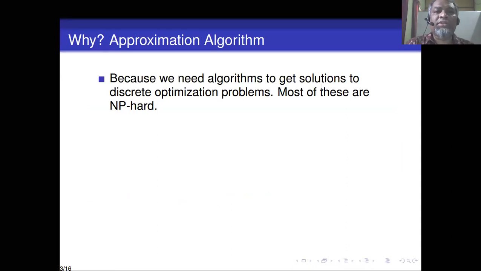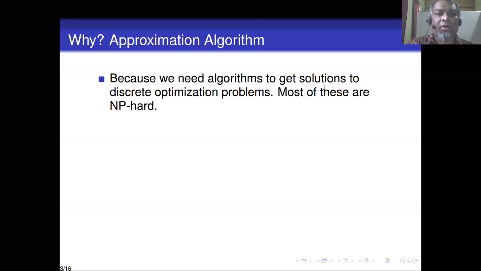Why do we study approximation algorithms? There are some points which motivate us to study approximation algorithms, because we need algorithms to get solutions to discrete optimization problems, and most of these are NP hard, and most of the real world problems we often face are NP hard problems, but we need the solutions to make our life comfortable or our situation suitable.